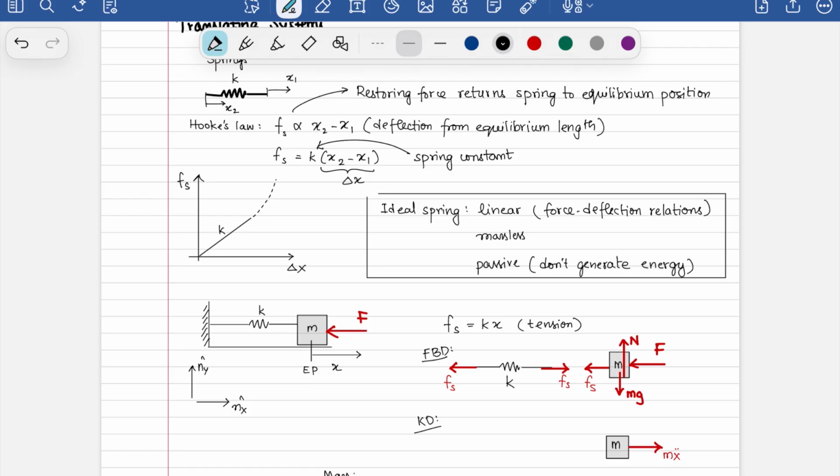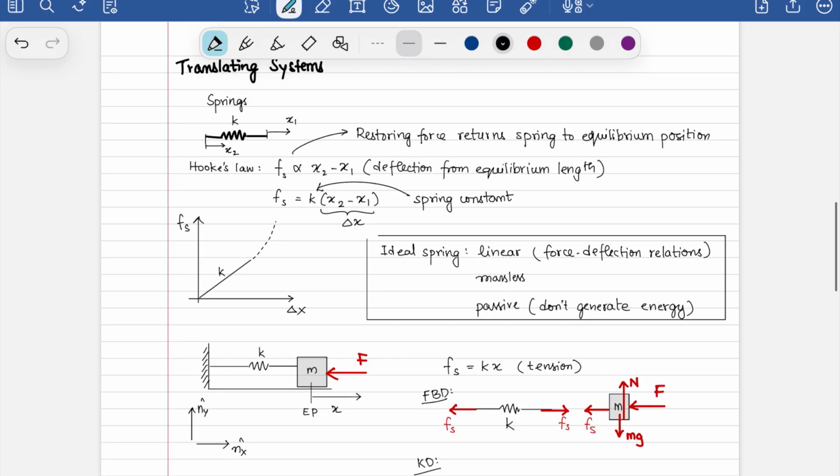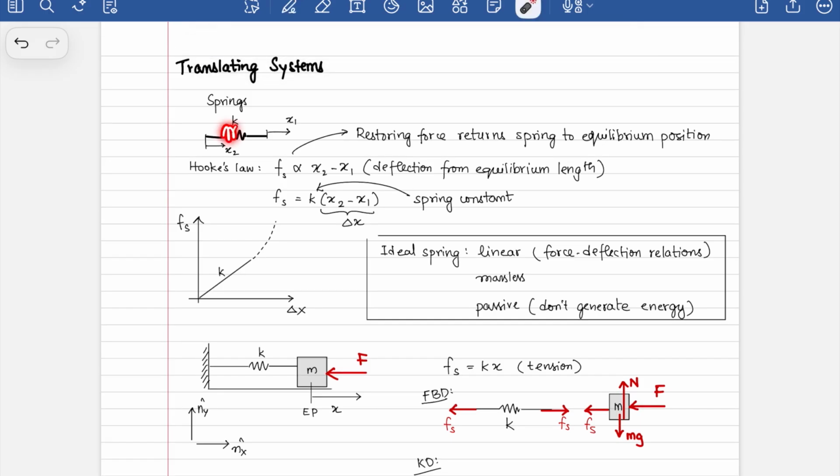So usually spring steel and so on. Whatever material it is, if it has a tendency to bounce back to its equilibrium position, you can then say that that is modeled using a spring. It doesn't necessarily have to have this coil structure. This is just a representation for the case where something that was of a certain length, you elongate it and it comes back to its equilibrium position. You compress it and it comes back to its equilibrium position. That is modeled by a spring.